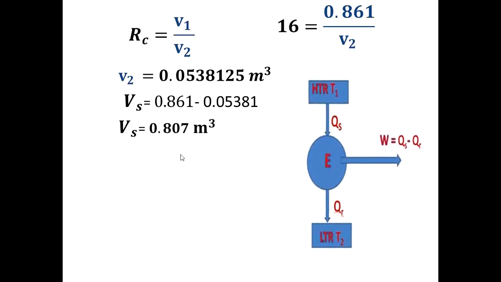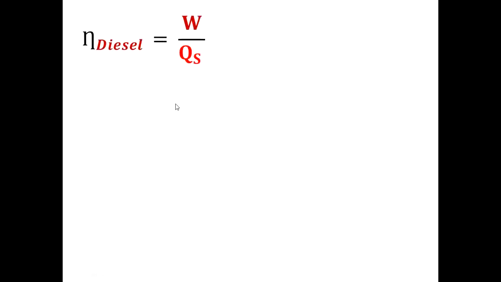After the swept volume, you can go for the diesel cycle thermal efficiency. Why use it? Because you don't know the amount of work done. Finding it through Cp into T3 minus T2 minus Cv into T4 minus T1 is a very lengthy process. Since you already have the thermal efficiency, you only need to know Qs; then you can get W. You can use any method, but you must put the formula properly.